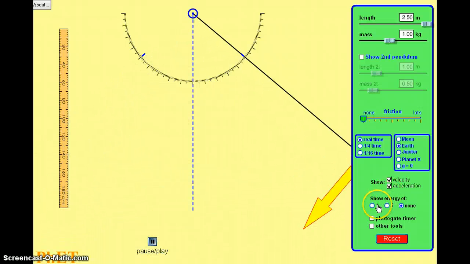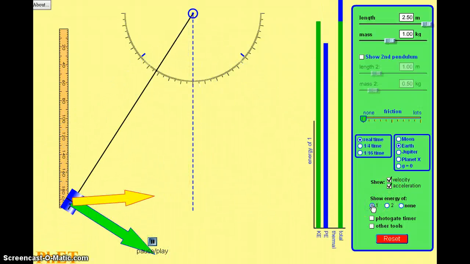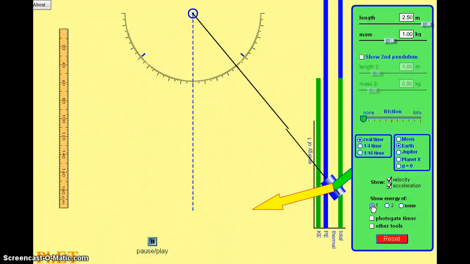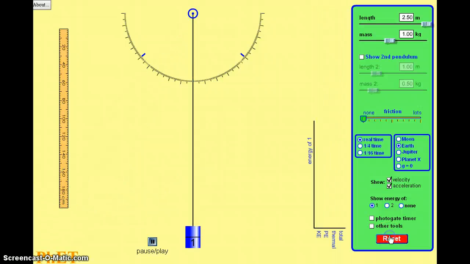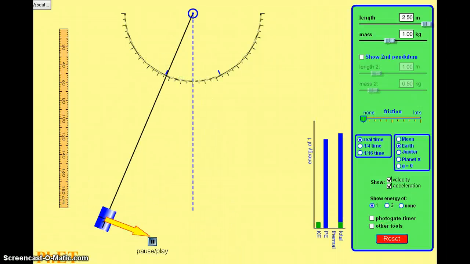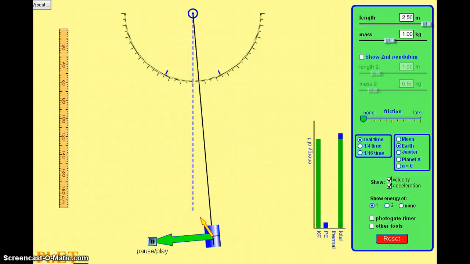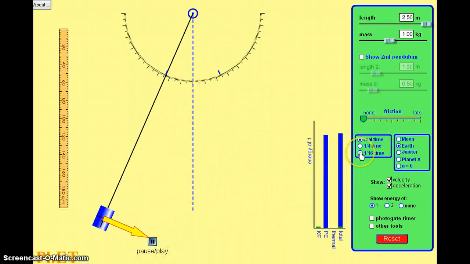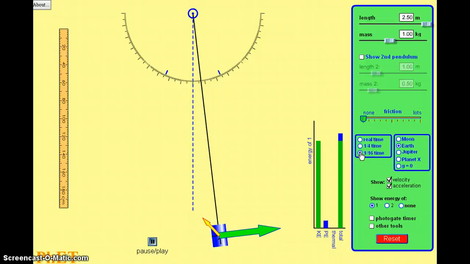As well as this, we can also look at energy, and we can start to see what's happening with the energy in a pendulum. If I reset this and make it go from a lower angle, you can see this more clearly. Now this is where the real time, quarter time, and 1/16 time comes in useful, because we can start to slow it down.